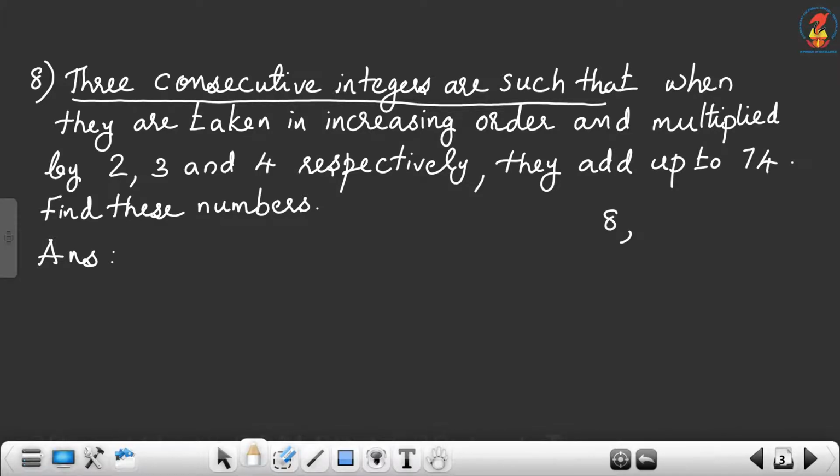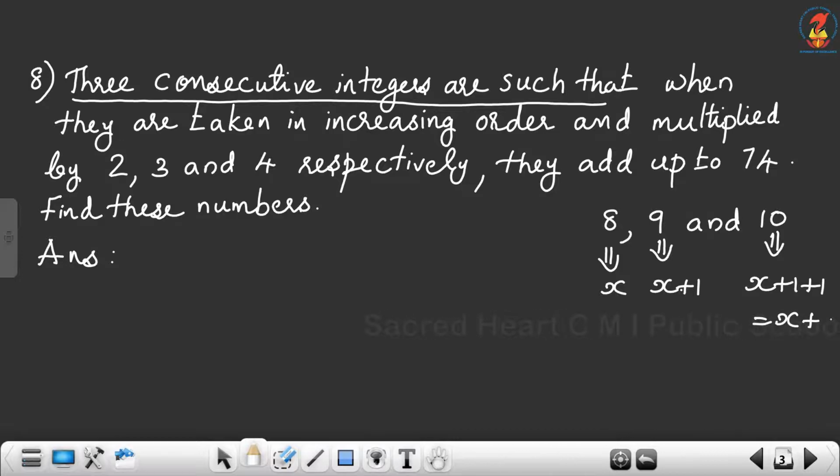For example, if we are taking the consecutive integers as 8, 9 and 10, and if you assume the first integer as x, then what about the second integer? The second integer is 1 more than the first integer, so we can take it as x plus 1. Then what about the third integer with respect to the second one? The third integer is 1 more than the second one, that is x plus 1 plus 1 equal to x plus 2.